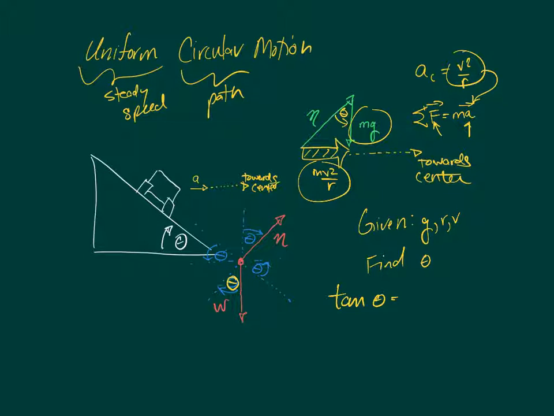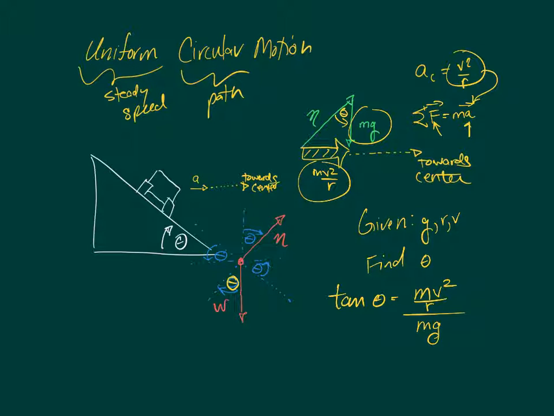Tangent theta is m v squared over r, over m g. Did I do that right? I think that's opposite over adjacent.